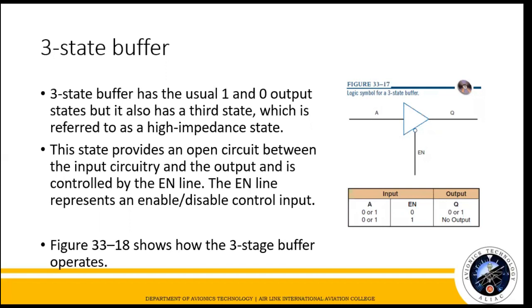So this provides an open circuit between the input circuitry and the output is controlled by the EN line. So the EN line or end line represents an enable or disable control input. So figure on the next page shows the three-state buffer.